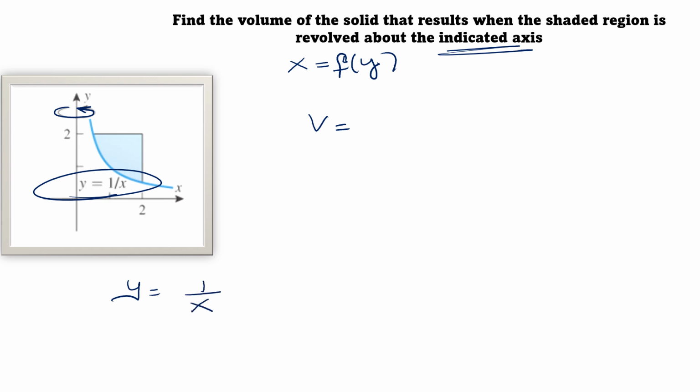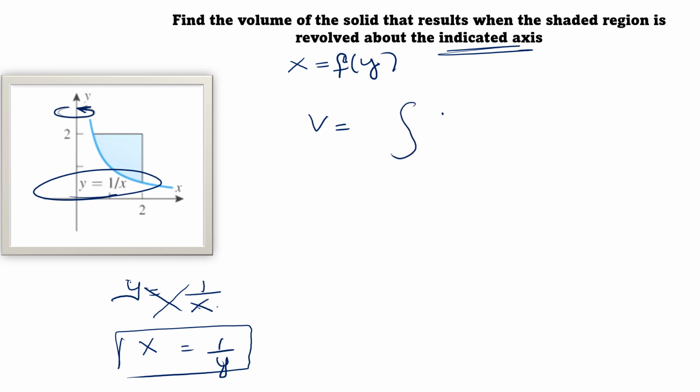Whereas we need the equation in terms of y. It means just cross multiply. So x goes on the top, y goes at the bottom. So x equals 1 over y. So this is the equation which we are going to use. Do not write 1 over x. Okay, please write 1 over y because we want the equation in terms of y.